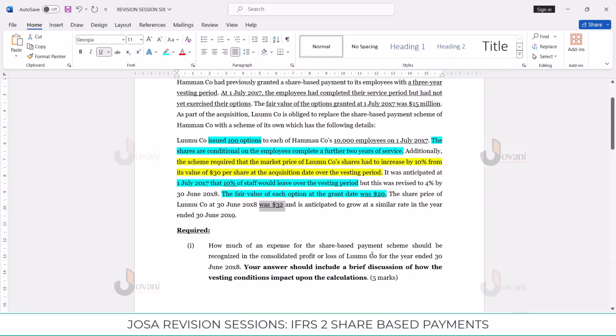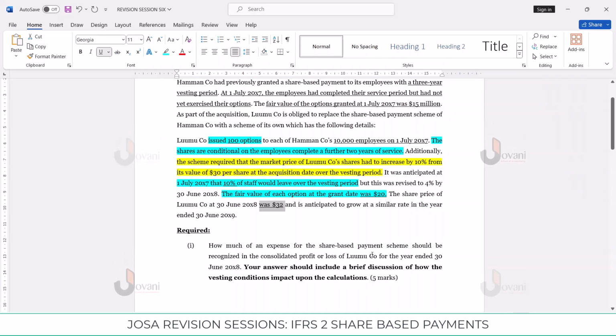Meaning that for Roman number 1, this was the paragraph for you to use. As clear as that. Raymond, that's how you performed. Patience. In accordance with IFRS 2 share-based payments. Patience, don't waste time. Even if you don't put this, no one is going to penalize you.